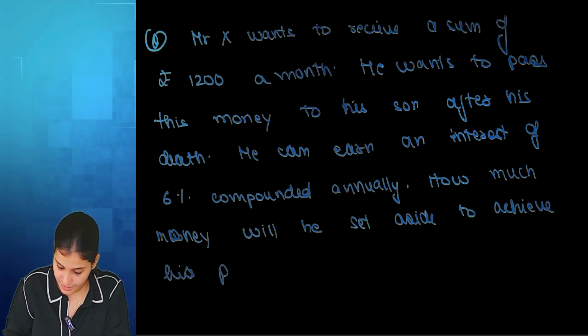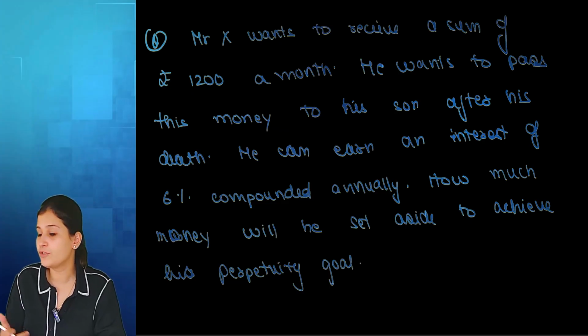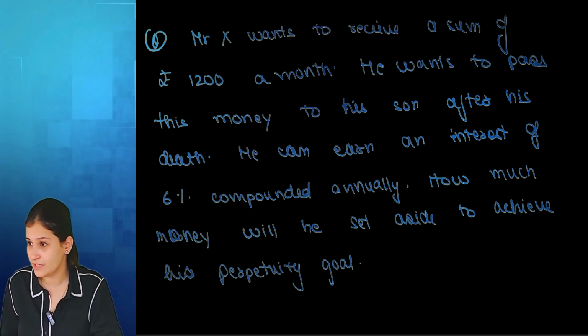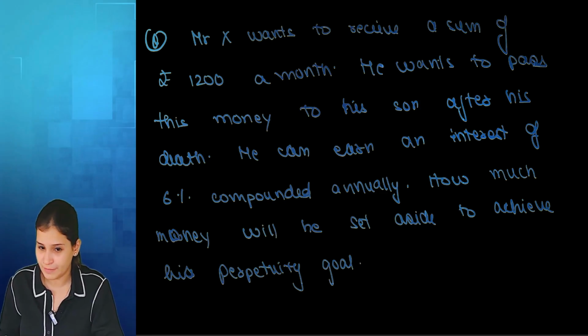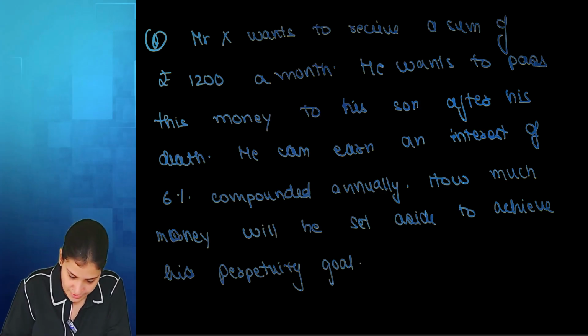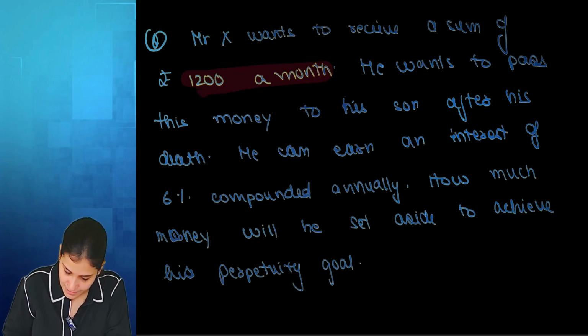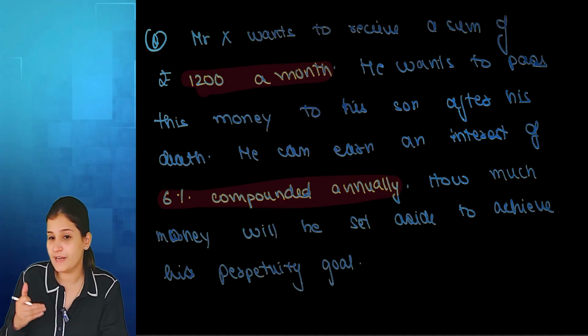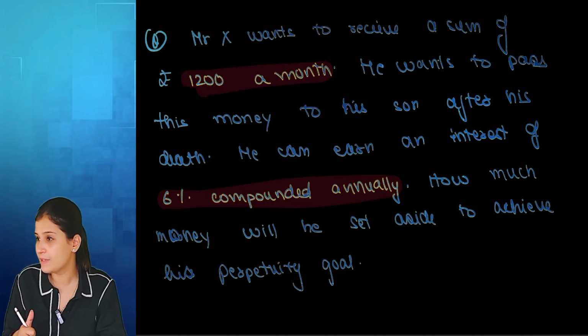If the word perpetuity would not have been written, we would have assumed it to be a future value. But in that case, the time period has to be mentioned: the life expectancy of that person, or when he's going to stop the payment. So what we want is 1200 a month, but the rate for the entire year is given as 6%. So we will first find out the monthly rate. Monthly rate will be 0.5%.